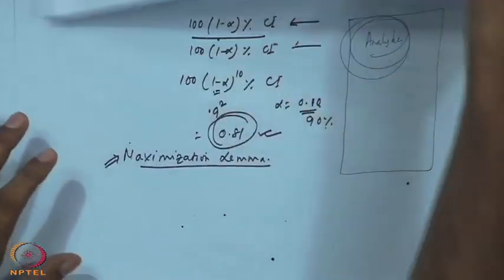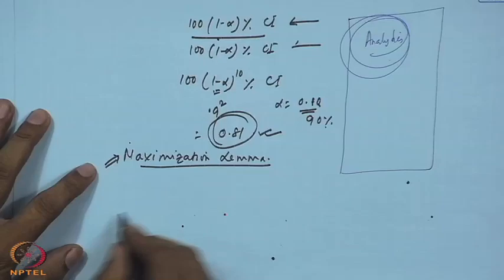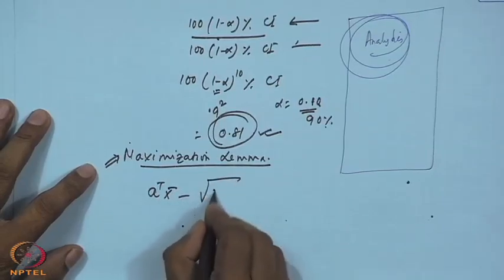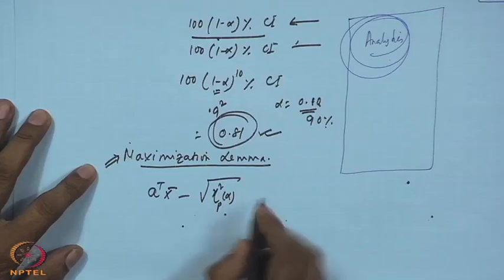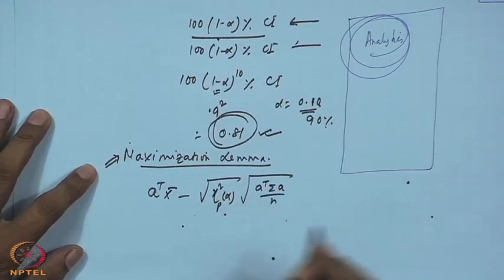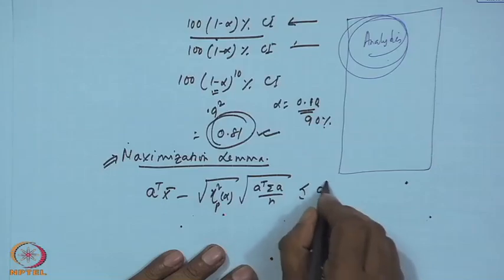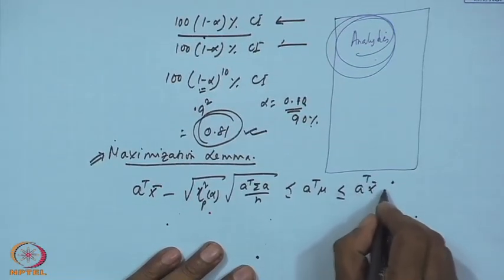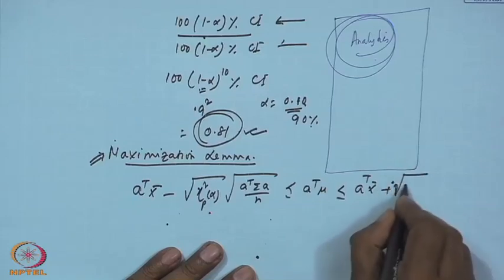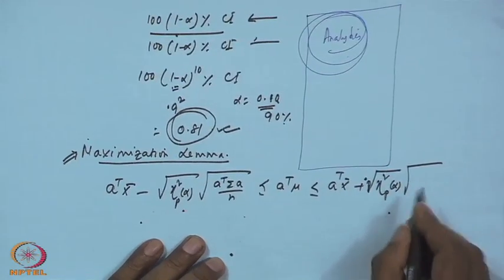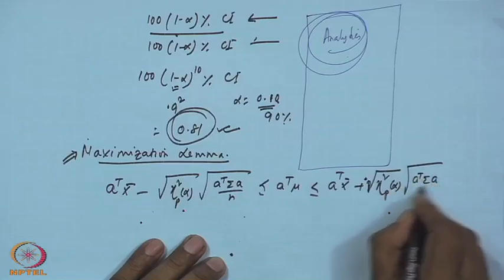So the change is like this: A transpose x bar minus the square root of chi square p alpha times A transpose S A divided by n, less than or equal to A transpose mu, less than or equal to A transpose x bar plus the same chi square p alpha term, with A transpose S A by n.